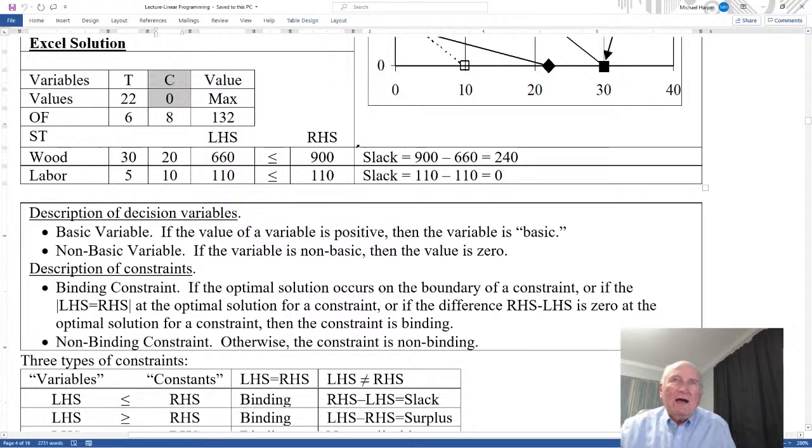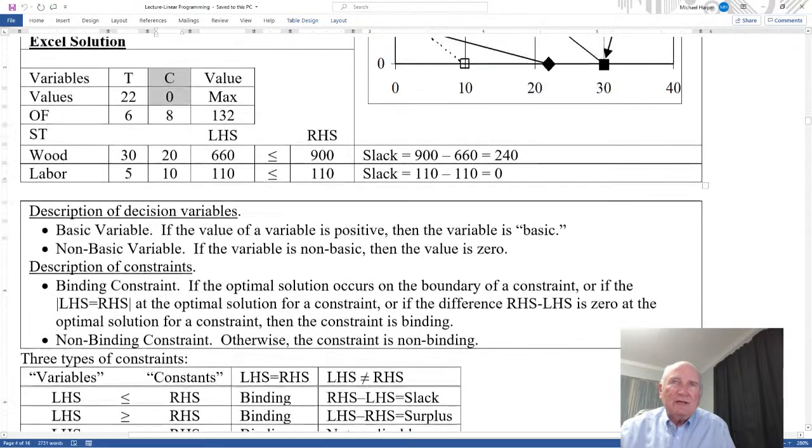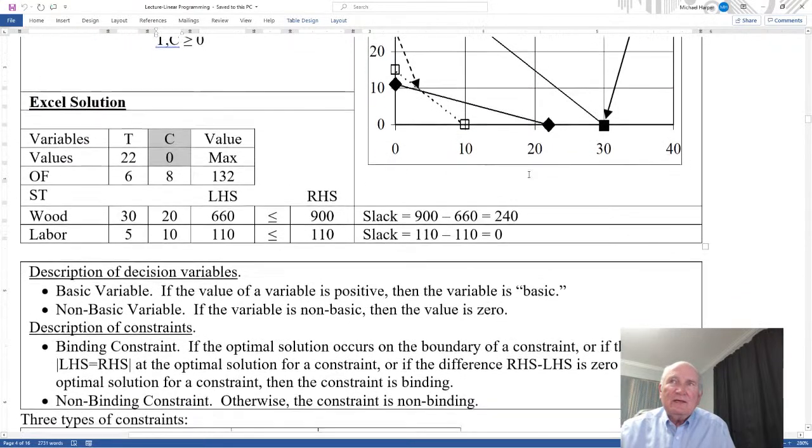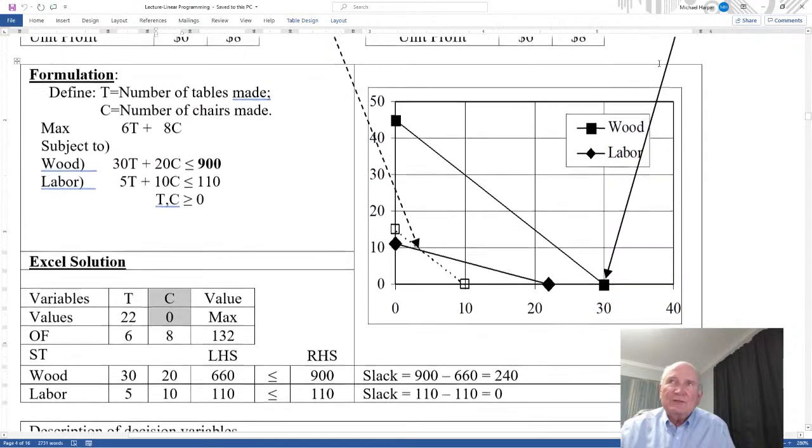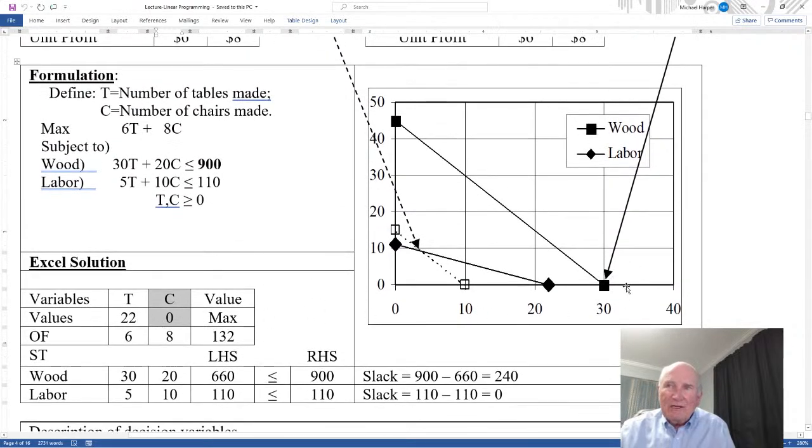Okay. Now for constraints, the binding constraint. Notice the optimal solution here, which is 22.0, is right here, and it's on the boundary of the wood constraint. So the wood is called a binding constraint because it's on the boundary.